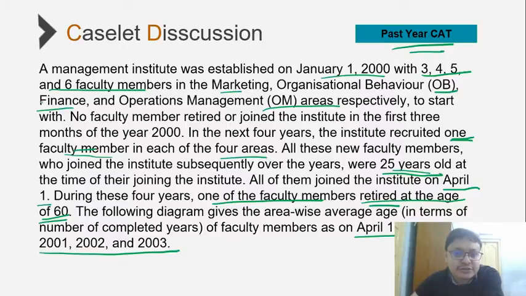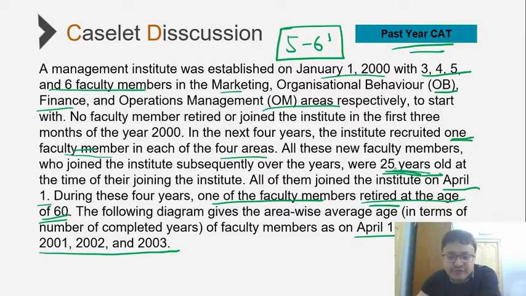So take around 5-6 minutes to try and solve the set by yourselves before we look at the detailed solution. Remember, everybody who's joining in is joining at the age of 25. Whichever year they joined, they were 25 in that year. Whichever year they retired, that one single faculty member retired at the age of 60.